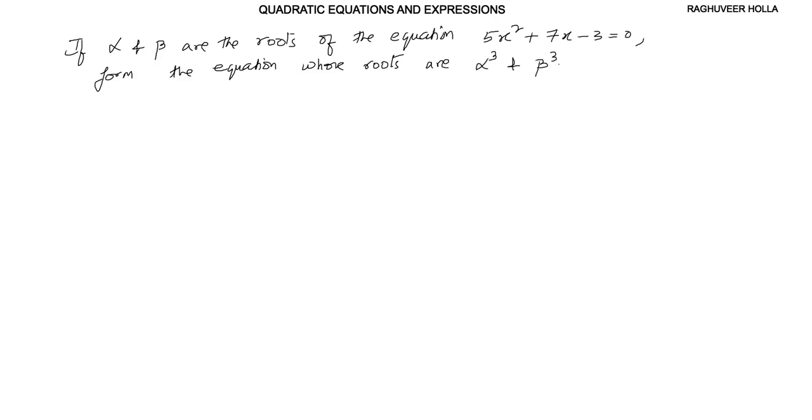Let us have a look at another one. Now if alpha and beta are the roots of the equation 5x squared plus 7x minus 3 is equal to 0, form the equation whose roots are alpha cube and beta cube.